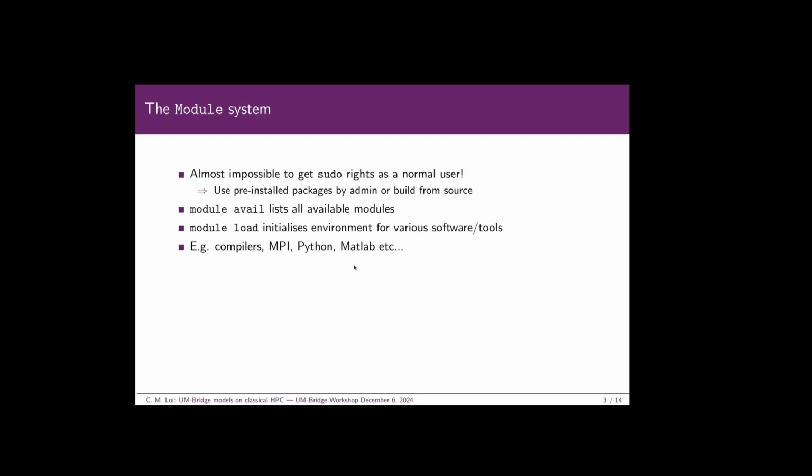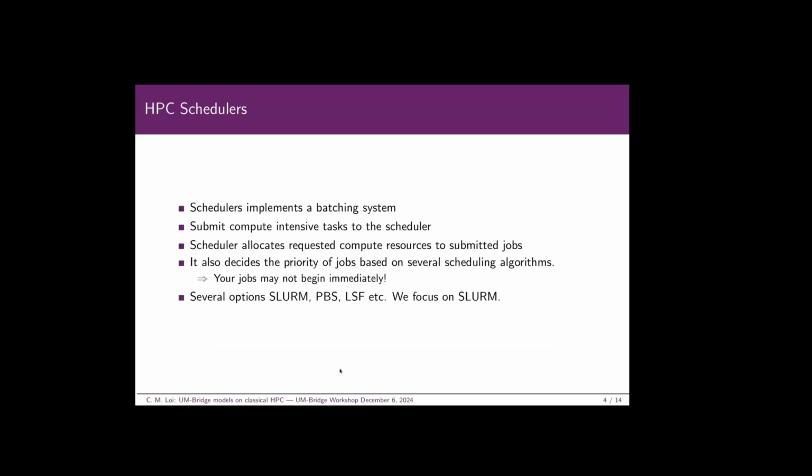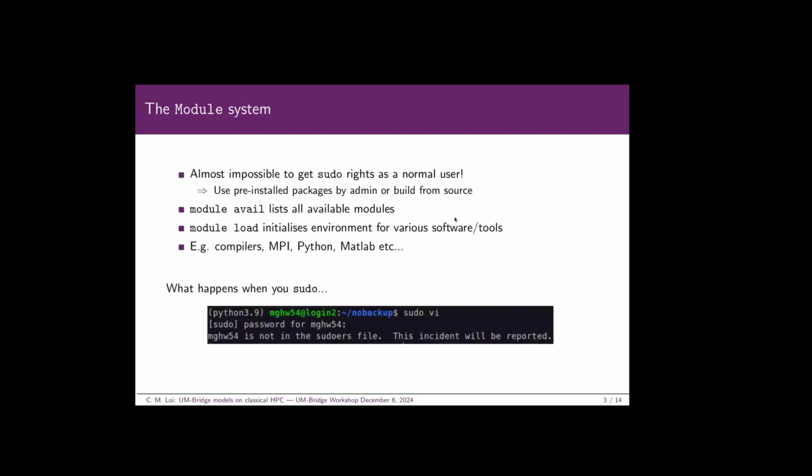And just for interest, you can still type in sudo as a normal user, but this is what I get as an output when I try to do it. This is my username. It is not in the sudoers file, so I'm not part of the system admin. It'll be reported, but I haven't got into trouble. So far so good.